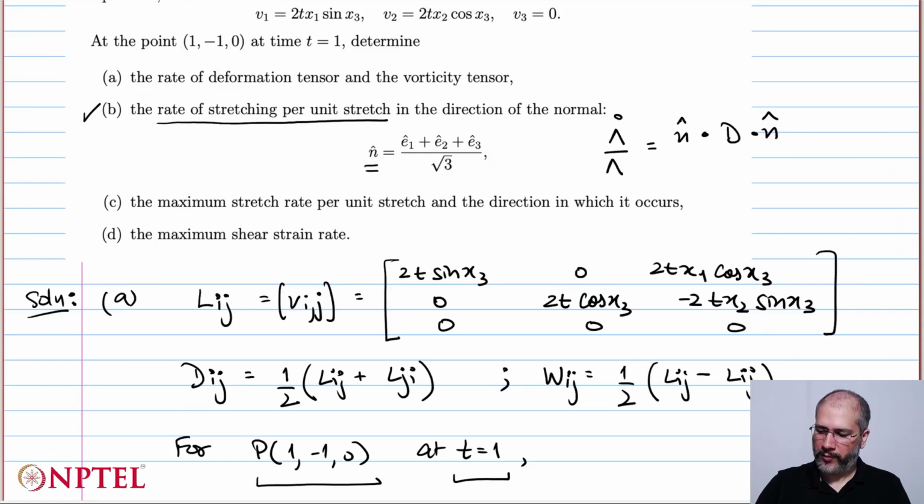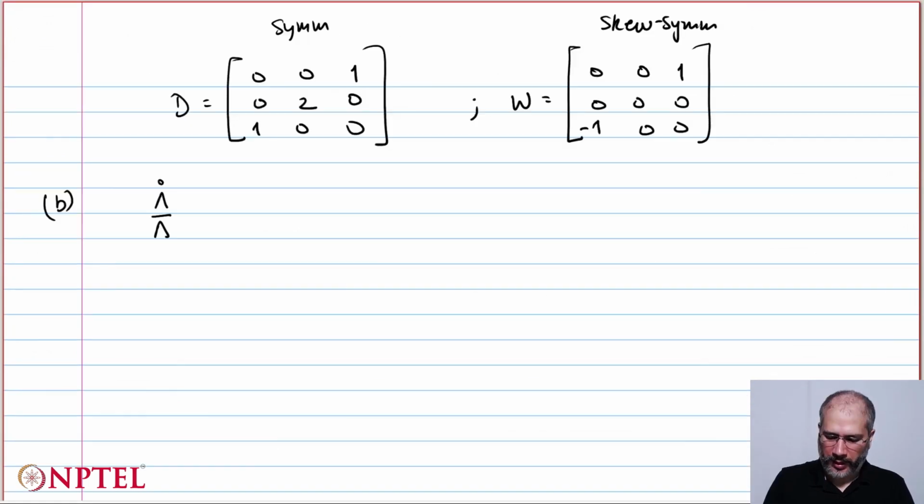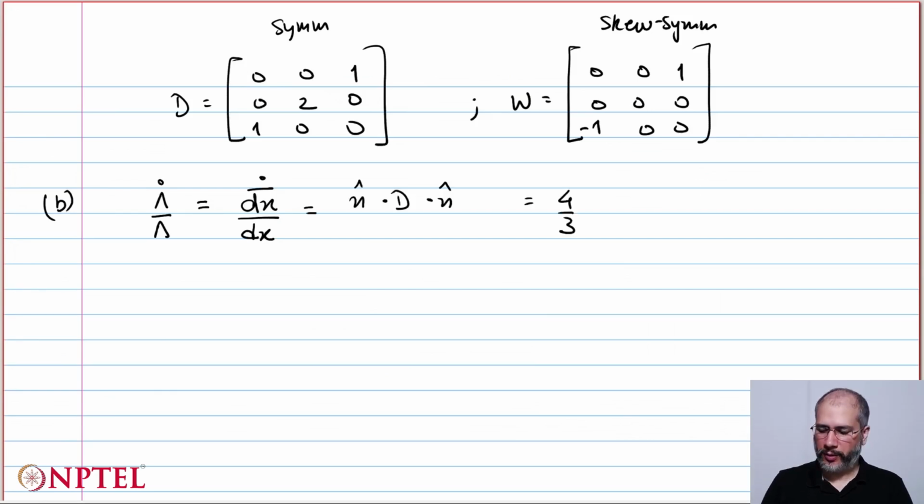So since we already have found out D and n hat is given to us, we can substitute these and get the rate of stretch per unit stretch. And this rate of stretch per unit stretch is also given as the rate of elongation per unit length in the spatial coordinates. And this rate of stretch per unit stretch is going to be 4/3.